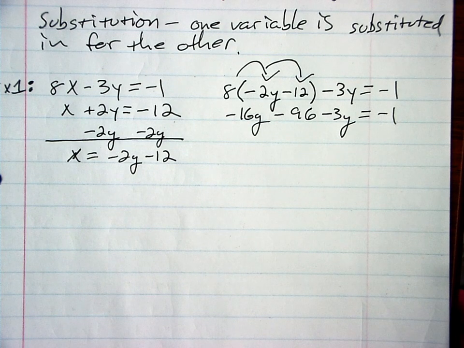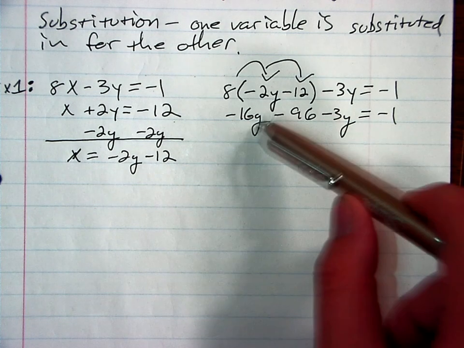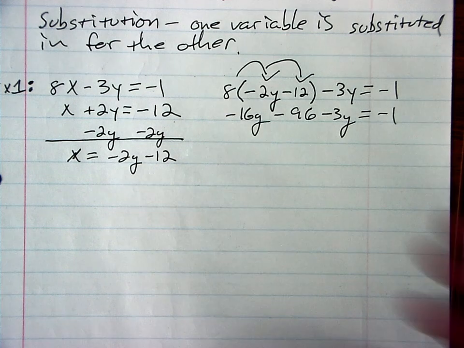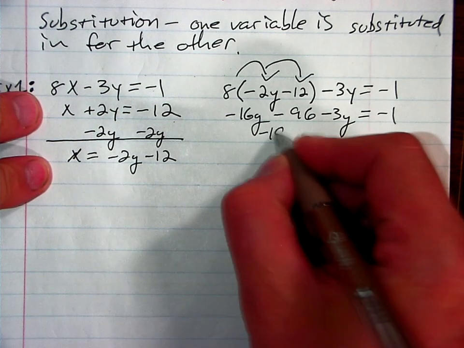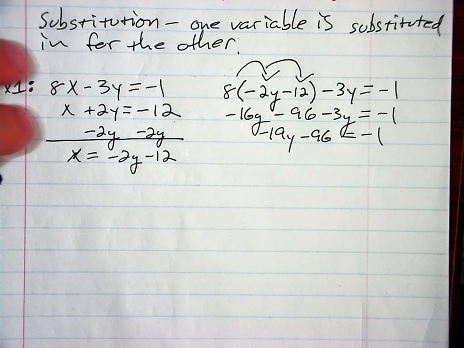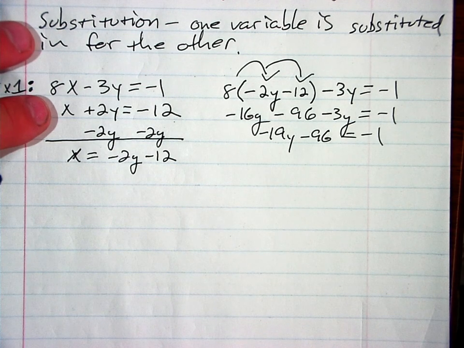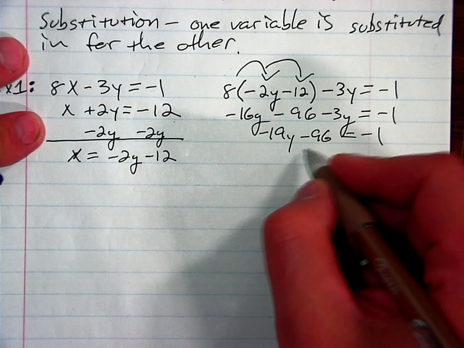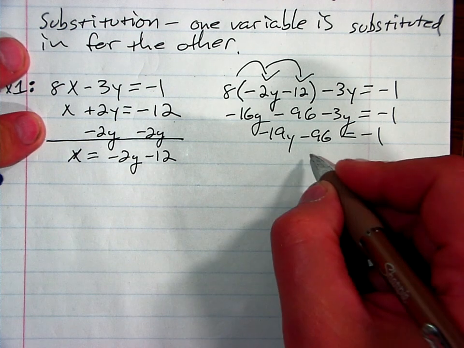We're going to combine like terms. -16y minus 3y is -19y. And now it's a two-step equation, which everyone in here should know how to solve. I would get rid of the number being added or subtracted first.